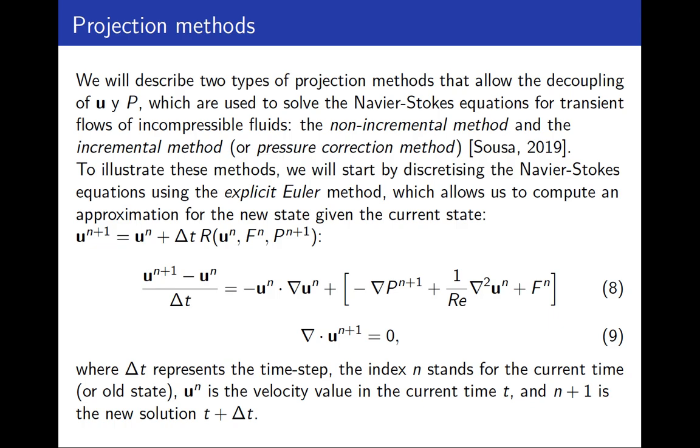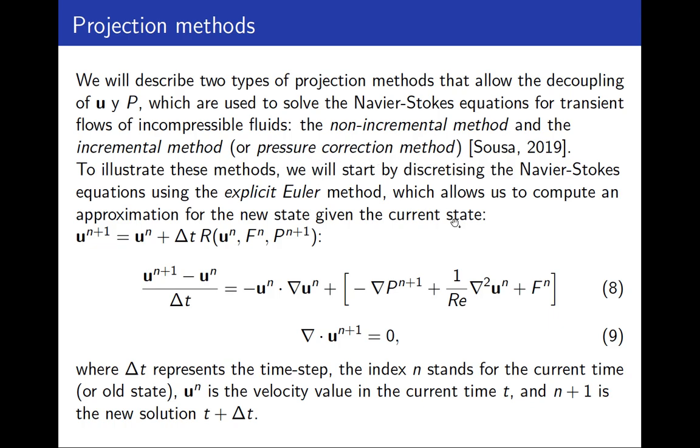This method will allow us to decouple velocity and pressure, and it will be used to solve the Navier-Stokes equations for transient flows of incompressible fluids. I will explain first the non-incremental method, and then the incremental method, which is also called the pressure correction method.